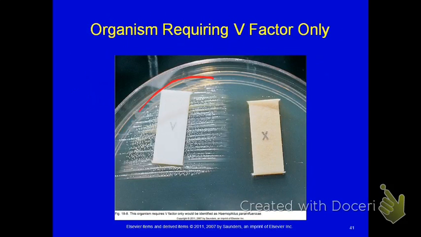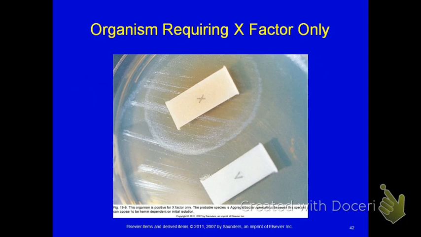As you can see, the colonies are only seen here in the V factor strip. On the other hand, these organisms would only require the X factor, so organisms here do not grow.